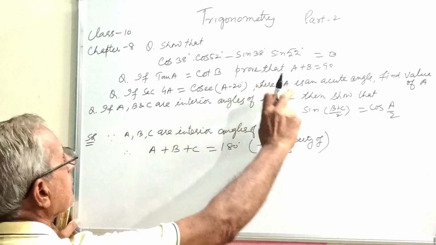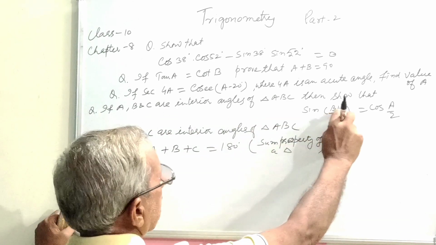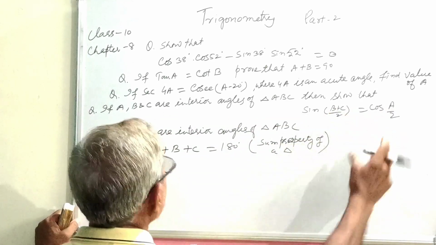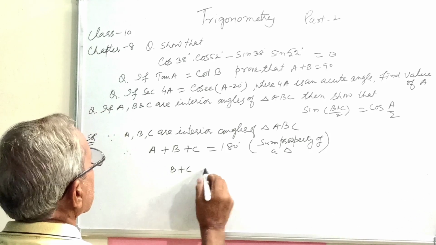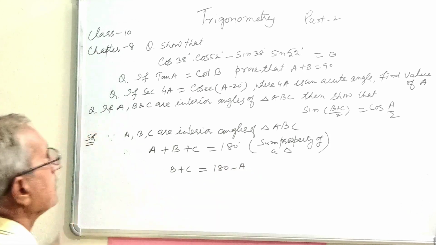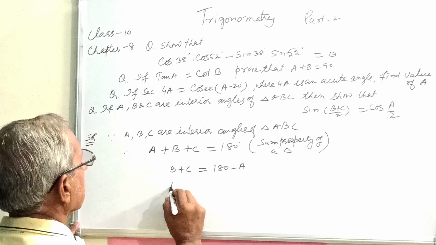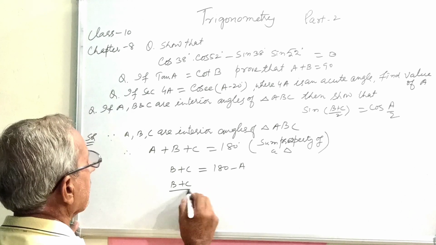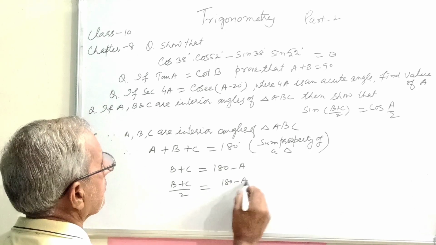So you have to keep B and C on one side, just B plus C, A on other side. So angle B plus C will be equal to 180 minus A. Divide both sides by 2. So B plus C divided by 2 will be 180 minus A divided by 2.